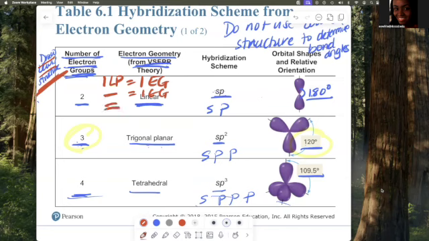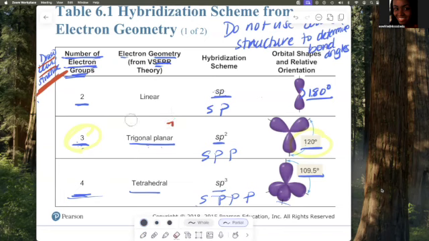A double bond grouped together is one electron group. And a triple bond is one electron group. As long as the bond or the electron pairs are grouped together, they count as one electron group. The emphasis here is, are they grouped together?